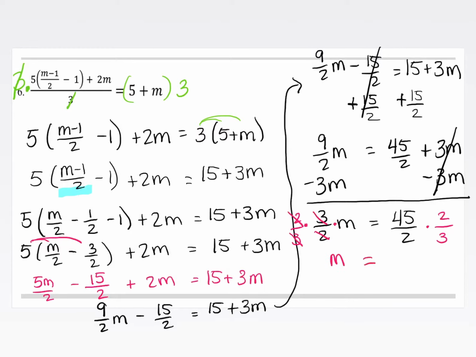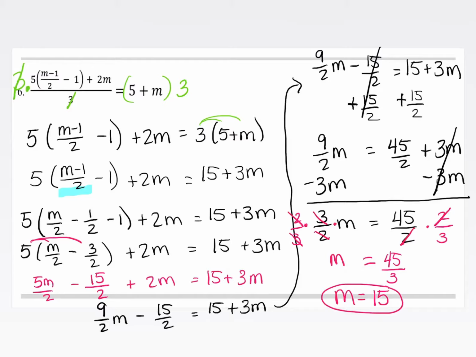We get m equals 45/2 times 2/3. 2 in the numerator, 2 in the denominator, reduced to 1. And we get 45/3, which simplifies to m equals 15.